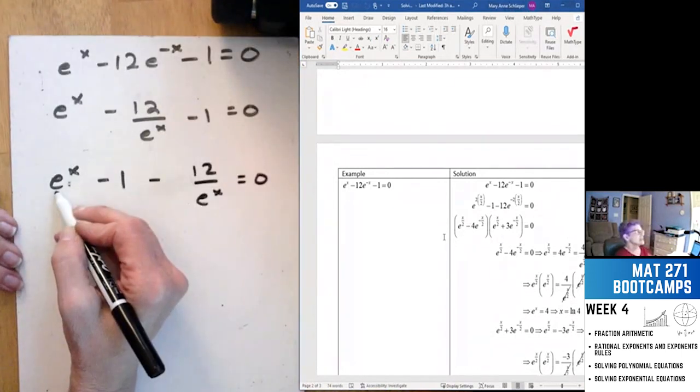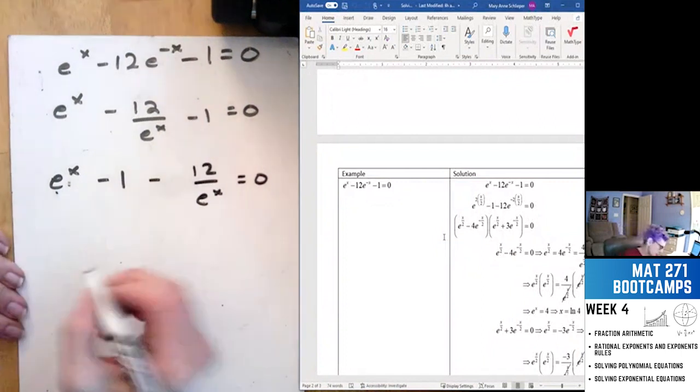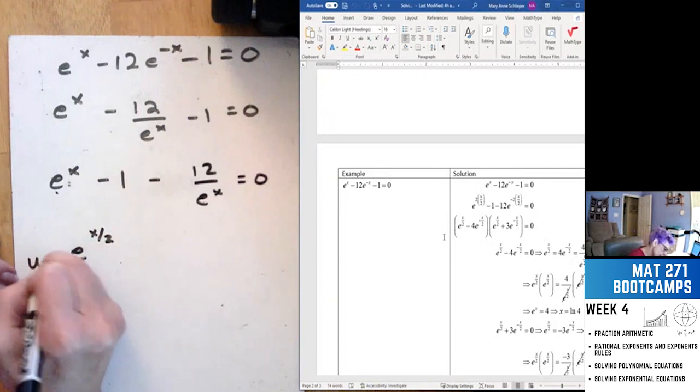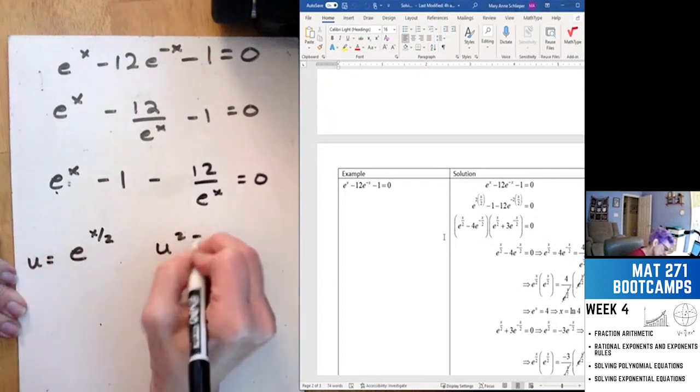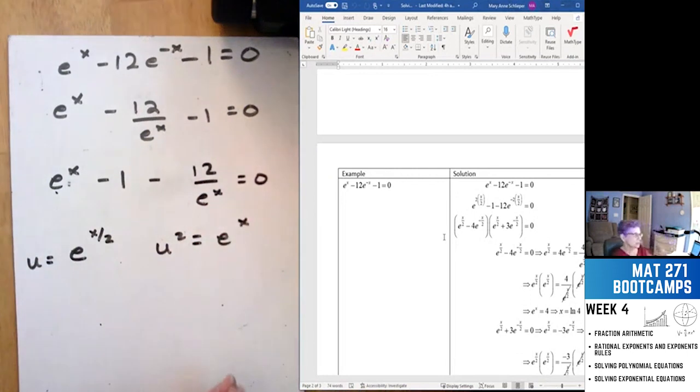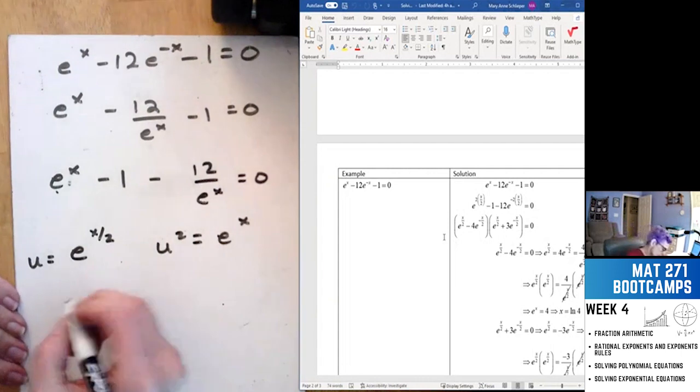I want this to be something squared. Well, if I take x to the 1/2, then u squared is equal to x to the 1/2 times 2, so that would be e to the x.